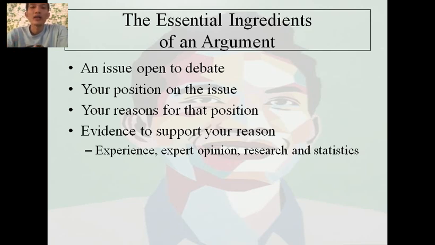To get the evidence to support your reasons, you are able to combine your experience, expert opinion, statistics, or sometimes you are able to conduct the research and say that based on this research, and something like that.